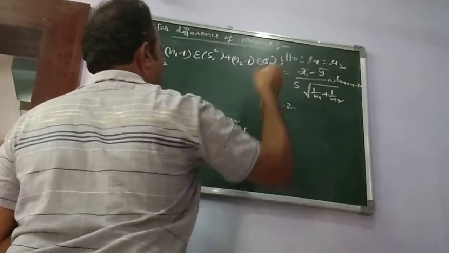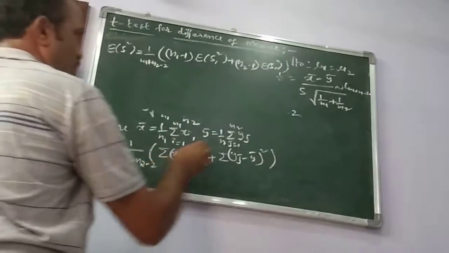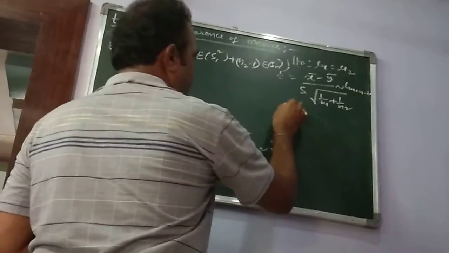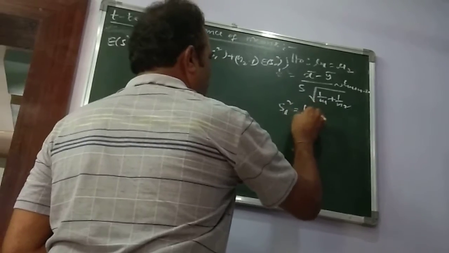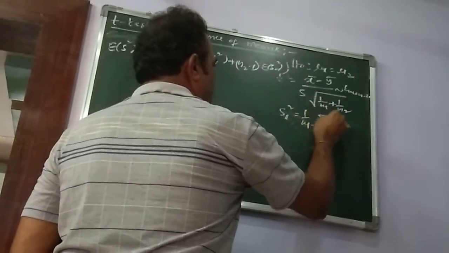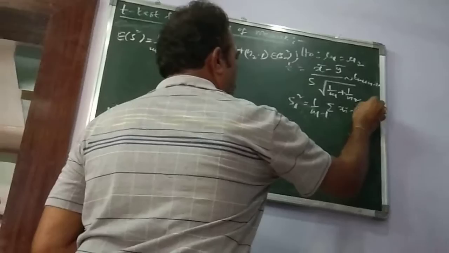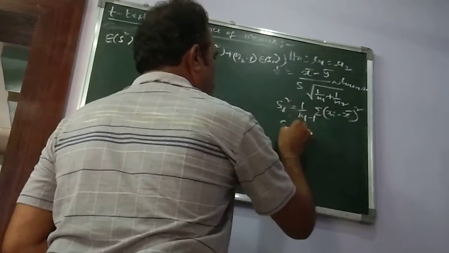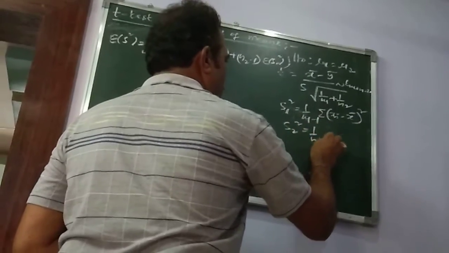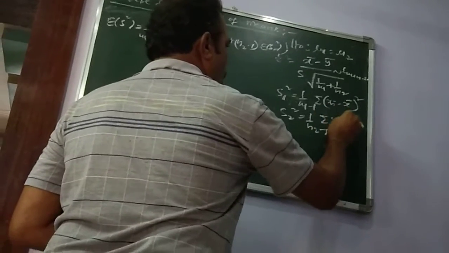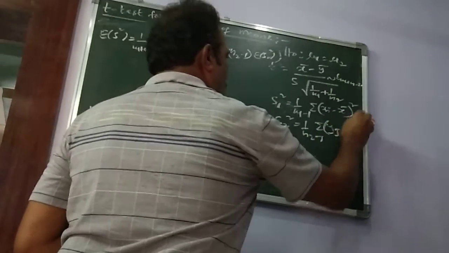We know the individual sample variances: s1 square equals 1 by (n1 minus 1) summation of (xi minus x bar) whole square, and s2 square equals 1 by (n2 minus 1) summation of (yj minus y bar) whole square.